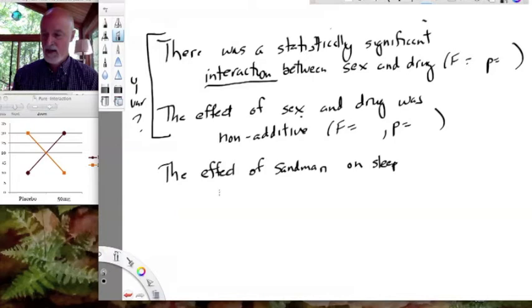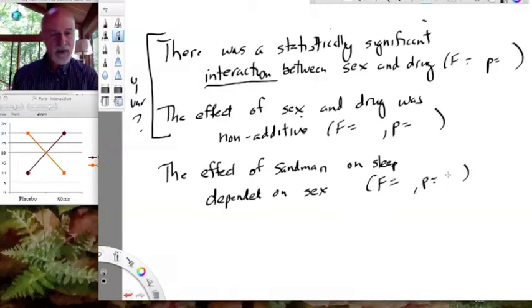Effect of Sandman on sleep depended on sex. Ooh, I'm liking this better. And then we could say F equals and P equals, right? So there was a dependency of the effect of Sandman, going from left to right in our table, remember, on the sex of the individual. I kind of like that.